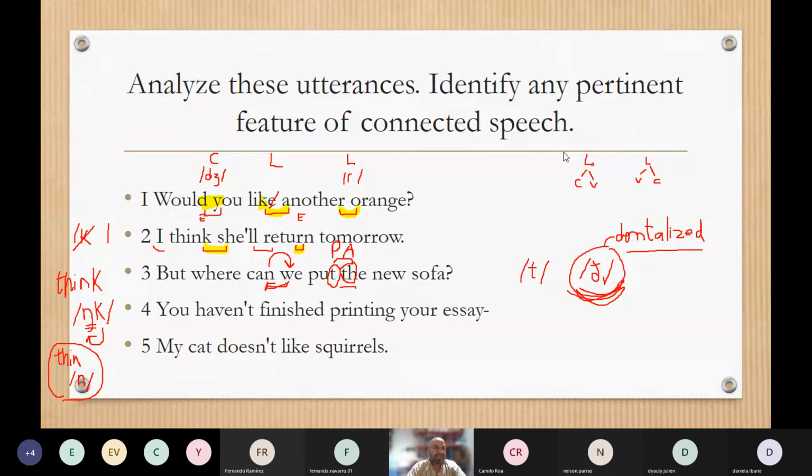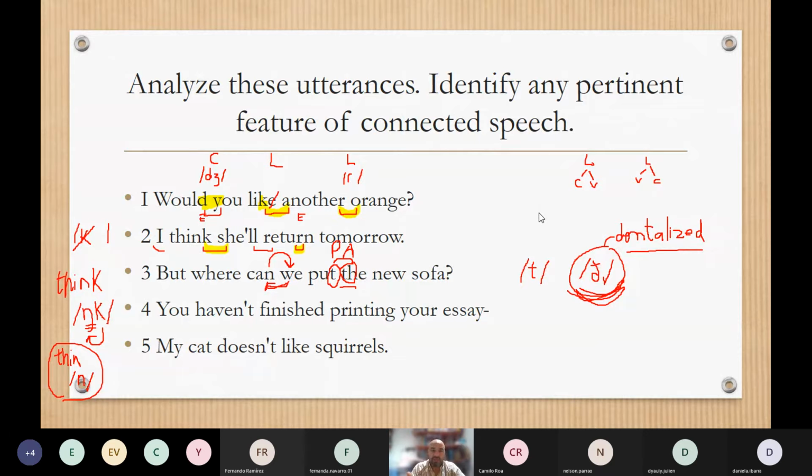Because when you say "can," the final sound, in terms of the lips, doesn't have rounded lips. We sort of spread the lips, right? Can. But when we say "can we," our mouth, the tongue and the lips and everything, are getting ready for the following sound, right?